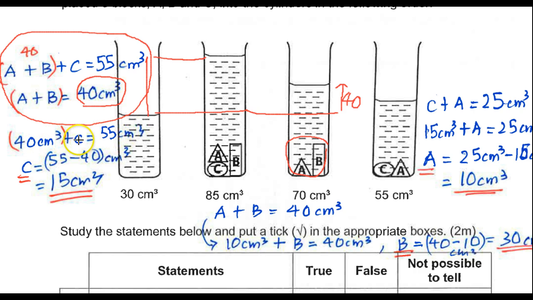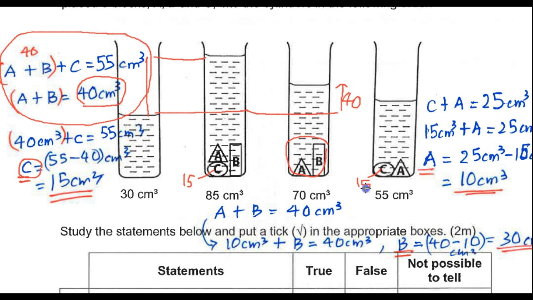Now we can find C. C is 55 take away 40, which is 15. Now we found out about C. C is 15. Where is C? Here, C is 15, and over here C is 15.